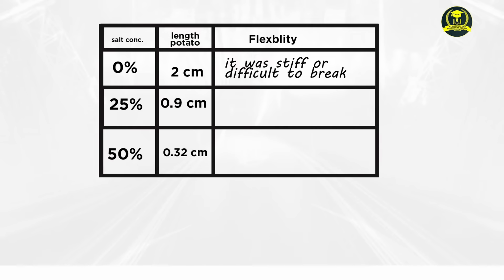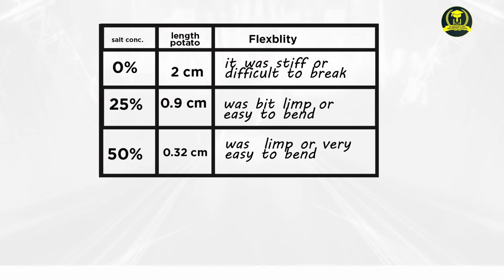The length of the potato in 25% salt solution was 0.9 cm, and its flexibility was a bit limp or easy to bend. The length of the potato in 50% salt solution was 0.32 cm, and its flexibility was limp or very easy to bend.